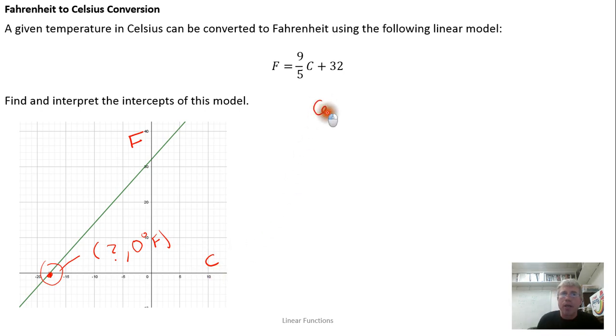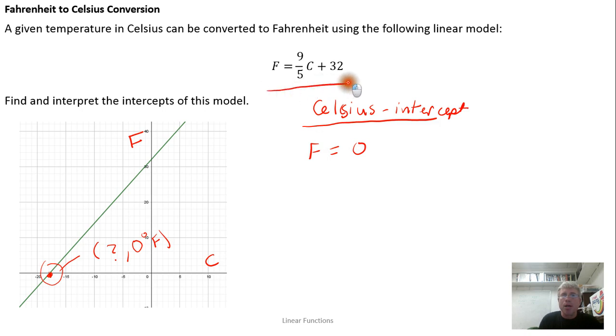So if we're looking to find the Celsius intercept, what we want to recognize is that the Fahrenheit temperature has to be 0 as we cross the Celsius axis. So we simply go up to the model, replace F in the model with 0, and set that equal to 9/5 of the temperature in Celsius plus 32.